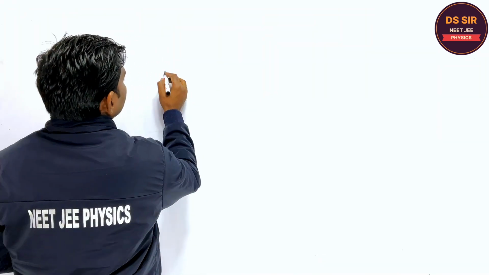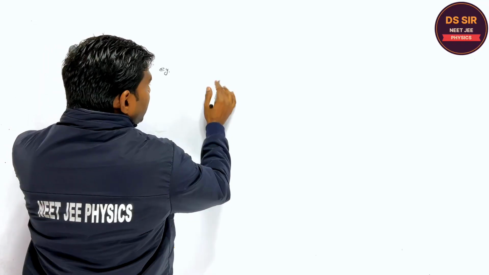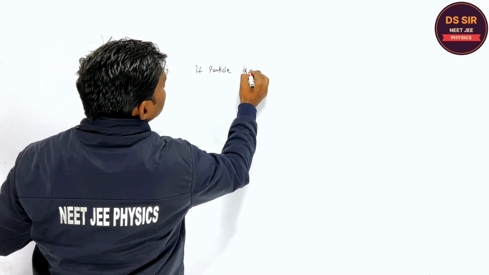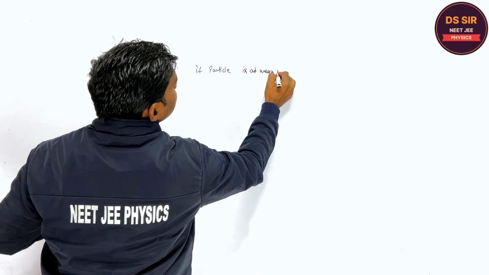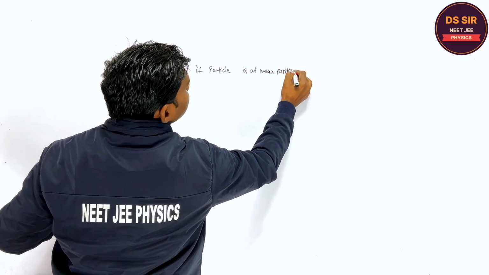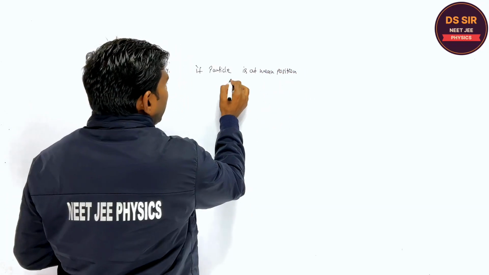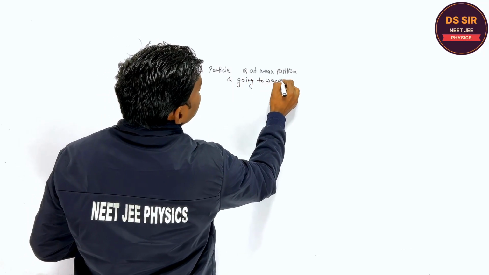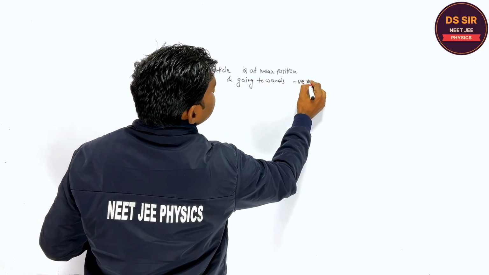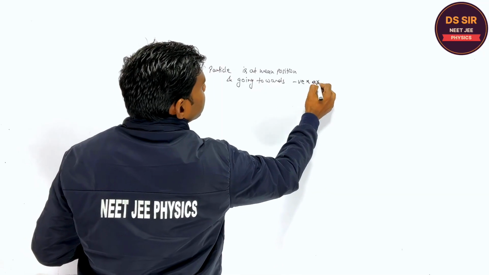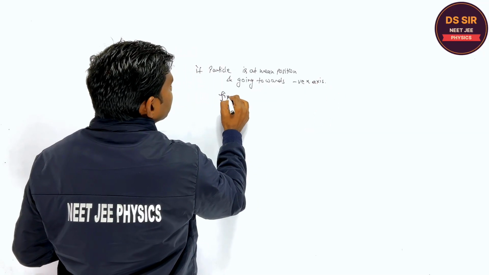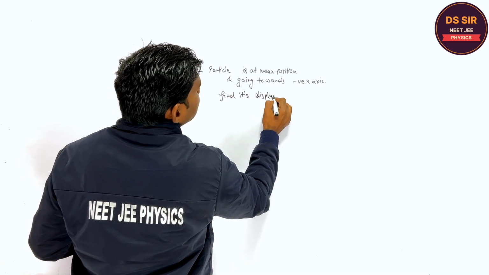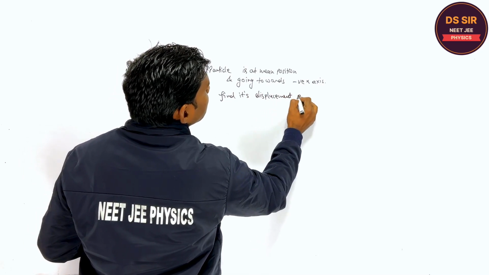Listen to one thing, one more example. If the particle is at the mean position and going towards the negative x-axis, find its displacement equation.